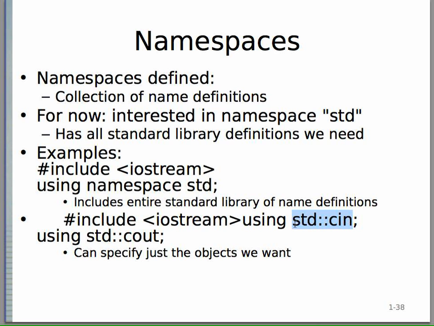Rather than using that, if you import javax.swing, then you can just use JButton instead of javax.swing.JButton. Same idea here. You're importing names from this namespace. And in effect, these two statements together allow you to use cin and not use std::cin, or std::cout, or std::endl, and so many other things.